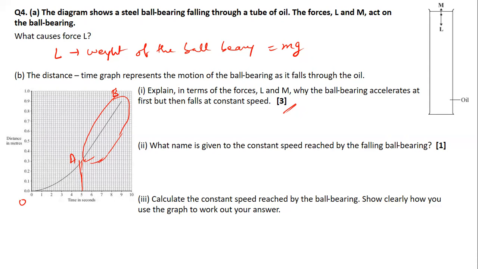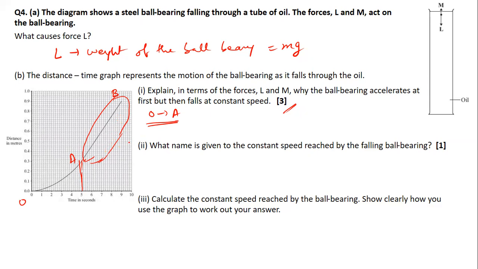From O to A, there's an acceleration because of the gravitational acceleration. That means there is no gravitational acceleration in this region. It reaches the terminal velocity.